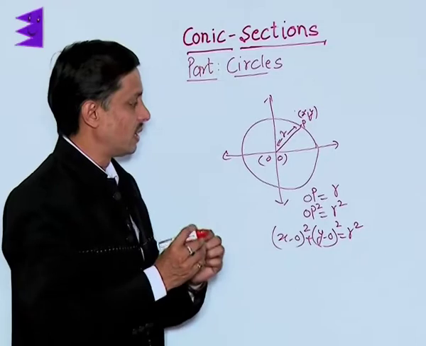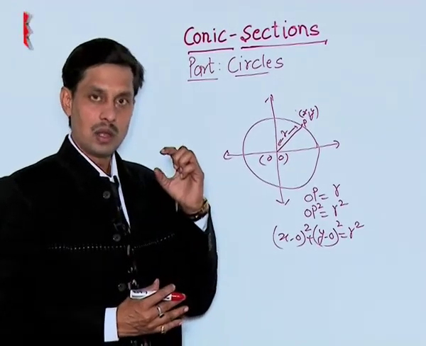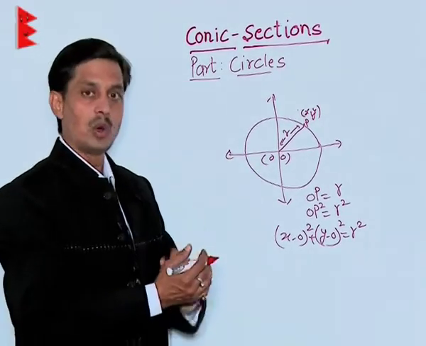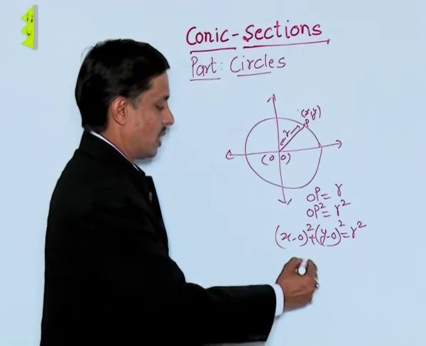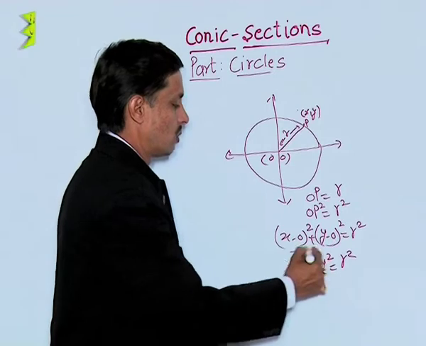So a standard result to always remember for the equation of a circle with center (0, 0) and radius r is x squared plus y squared equals r squared.